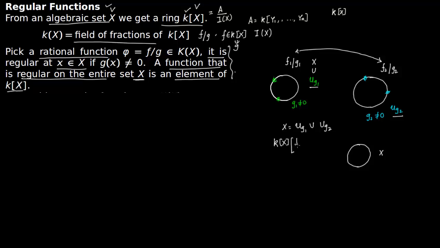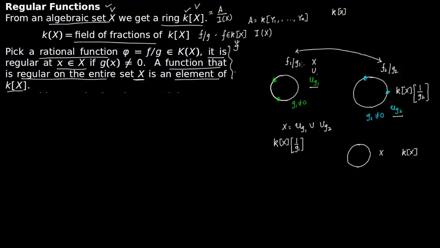You adjoin 1 by g1 to it. That's why you have function f1 by g1. Similarly on u of g2, the ring becomes bigger, you adjoin 1 by g2 to it. So obviously it contains K of X, but it is just a bigger ring. But when you get back on the algebraic set X, you just have K of X.